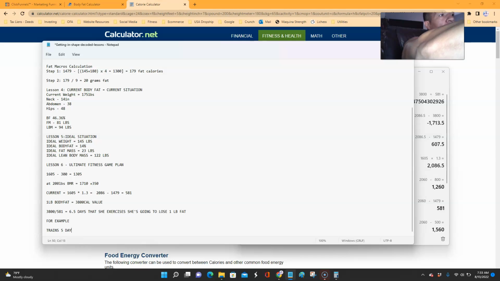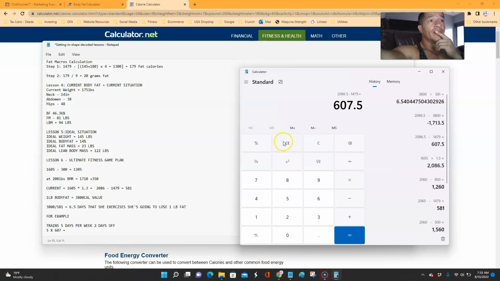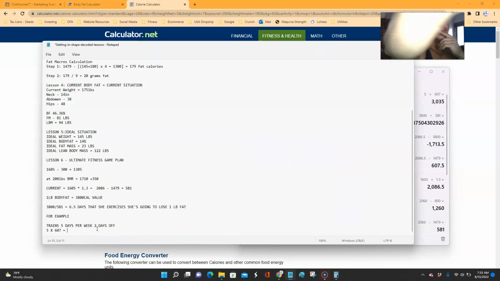She trains 5 days per week, and she has 2 days off. Okay. So those 5 days that she exercises, she's going to create a 5 times 607 deficit, right? So 5 times 607, 3,035, right?